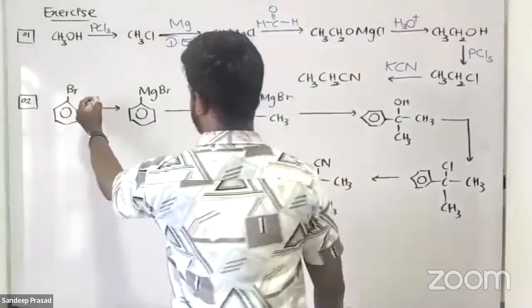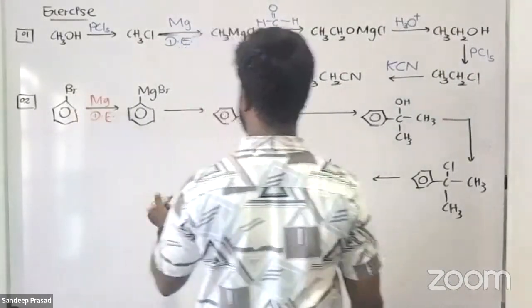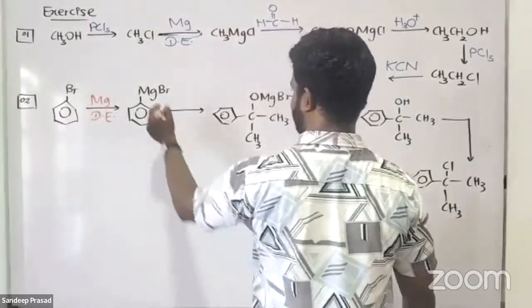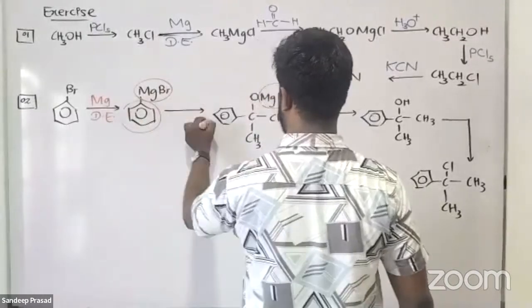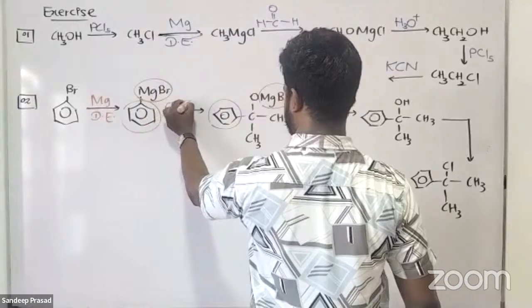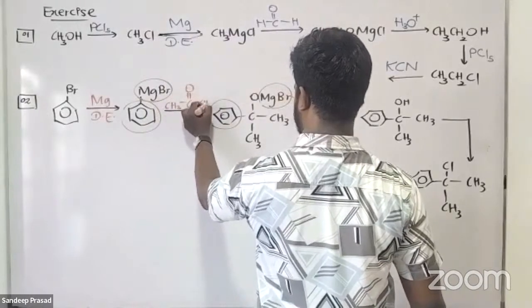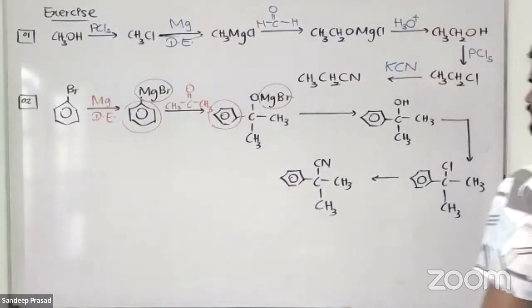Second one, magnesium, dry ether. So look at this one, MgBr came from here, the benzene ring came from here. So the remaining things are CH3, C double bond O, CH3, acetone, or else we can say propanone.